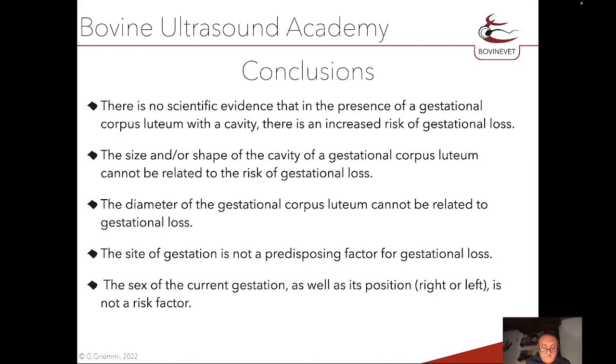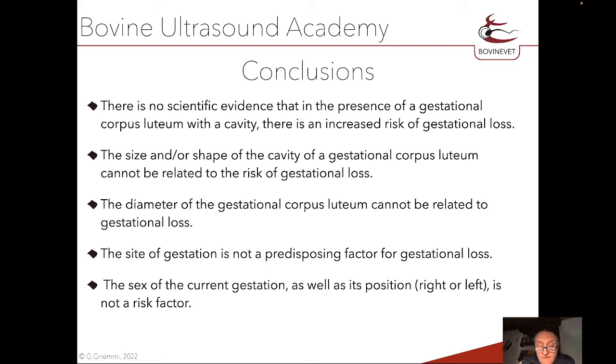Well, in summary, there is no scientific evidence that in the presence of a gestational corpus luteum with one or more than one cavity, there is an increased risk of gestational losses. Two, the size and/or the shape of the cavity of the gestational corpus luteum, of course, when a cavity is present, cannot be related to the risk of gestational losses. Well, three, the diameter of the gestational corpus luteum, with or without cavity, cannot be related to gestational losses.